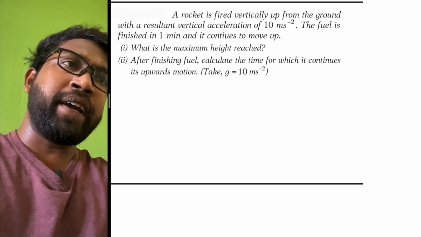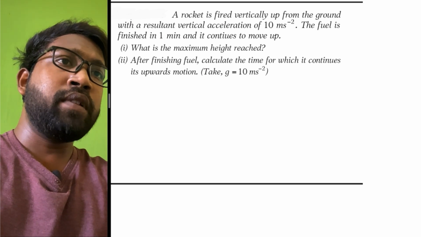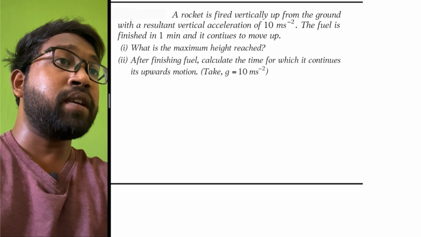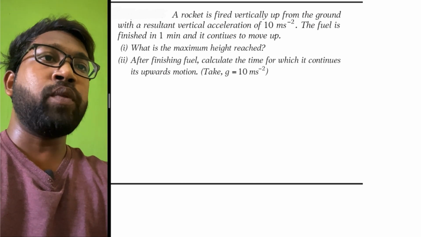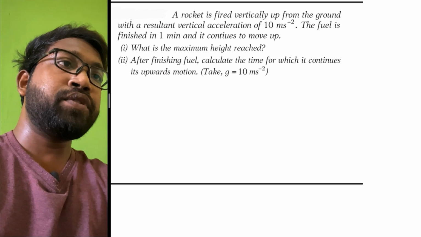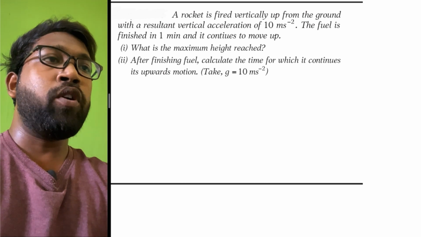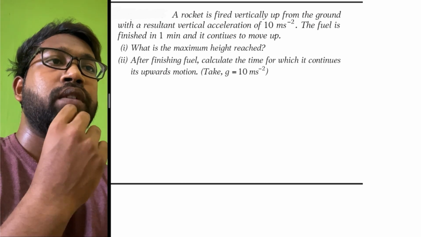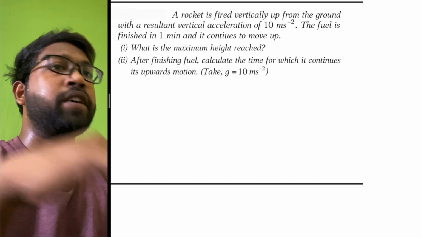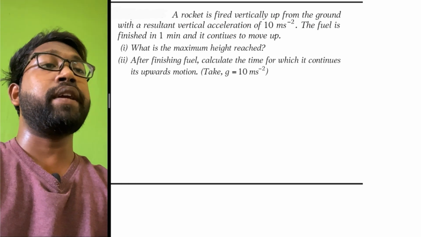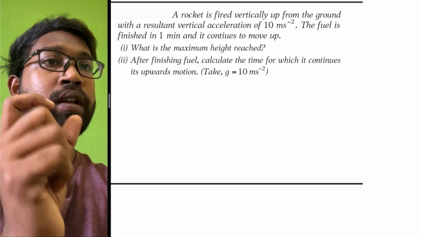A rocket is fired vertically up from the ground with a resultant vertical acceleration of 10 meter per second square. The fuel is finished in 1 minute and it continues to move up. That point about resultant vertical acceleration is very important.